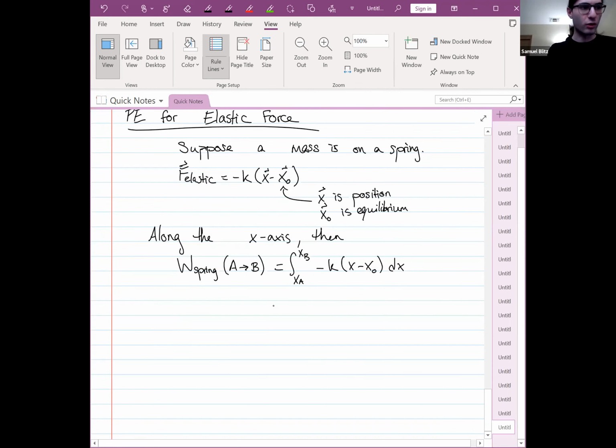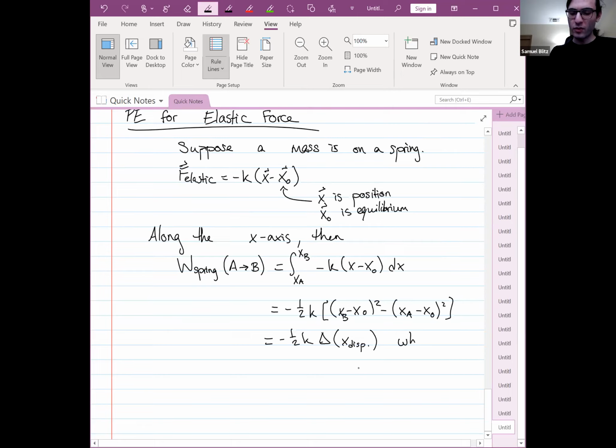And so we could just do this integral. This is minus 1/2 k times (xb minus x naught) squared minus (xa minus x naught) squared. And so we can write this as minus 1/2 k delta x displacement squared, where the displacement is x minus x naught.